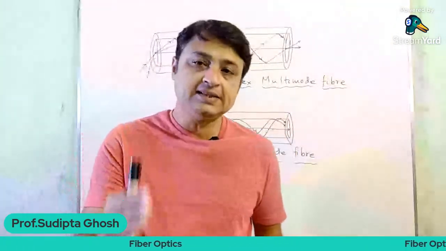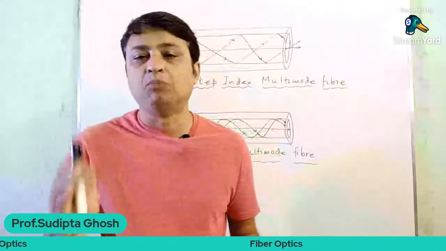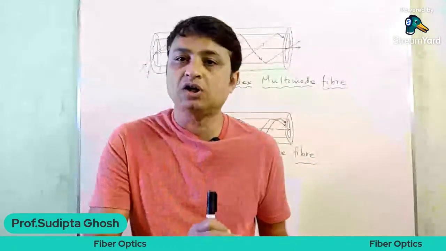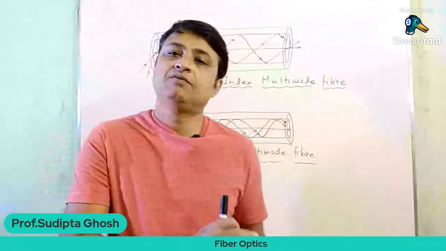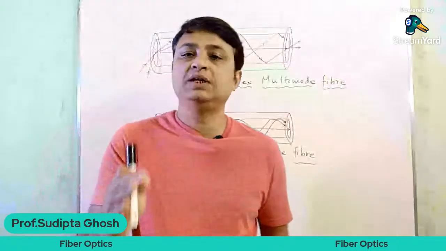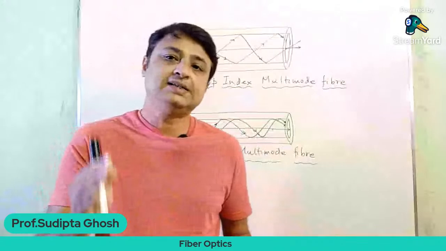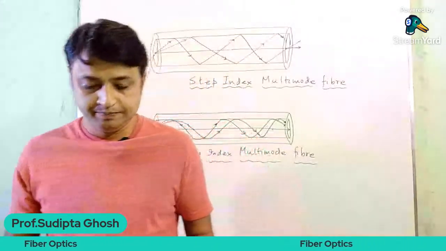Here optical fiber is the most efficient, because the loss of an optical signal, whenever it is transmitted through an optical fiber, is minimum. That is an important parameter which we must consider.